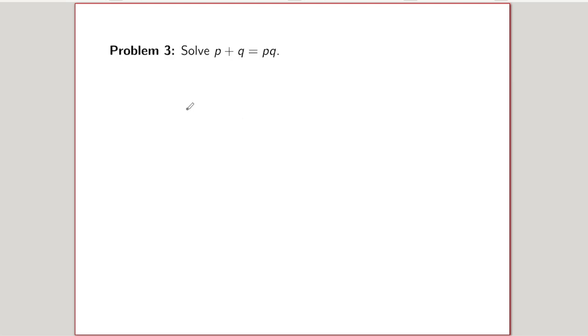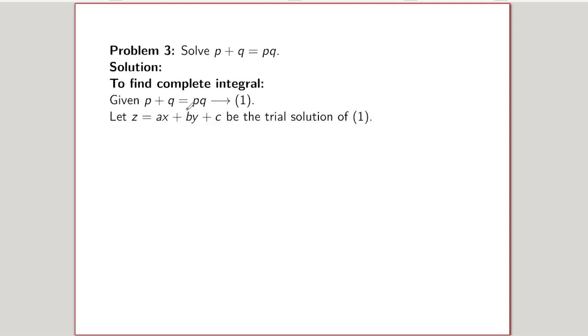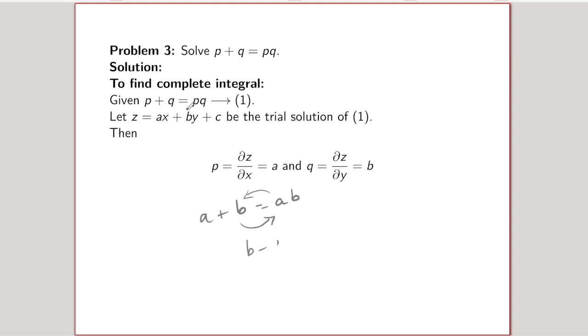Question number 3, p plus q is equal to pq. To find the complete integral, we are assuming z equal to ax plus by plus c as the trial solution. So now substituting p as a and q as b, we'll get a plus b is equal to ab. Now we bring this term here and this term here. So b minus ab will be equal to minus a. So b into 1 minus a is equal to minus a.